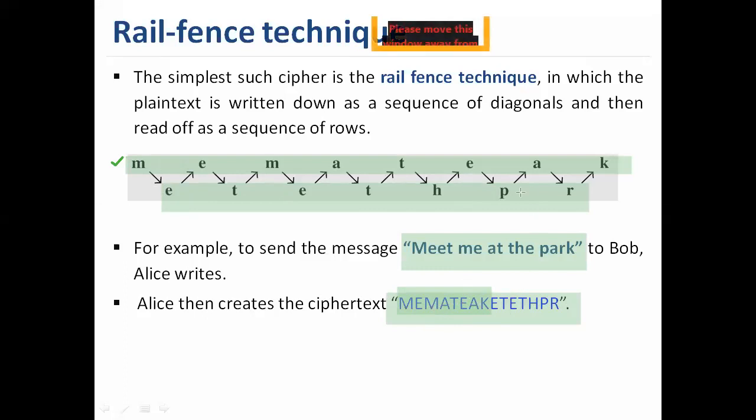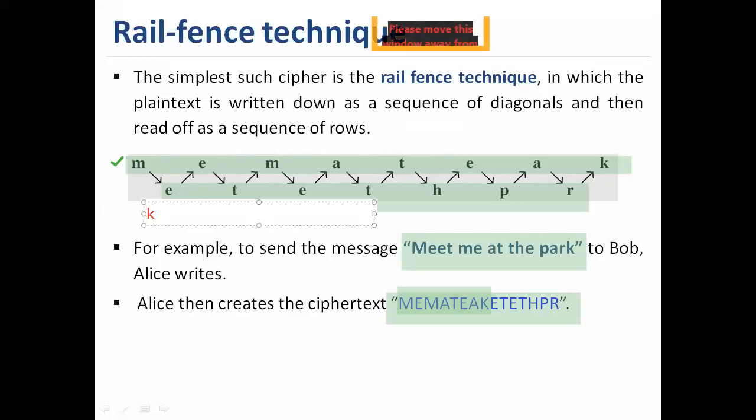Here we have taken the rail fence sequence equal to 2. This one is first, this one is first, and this one is second. So first and second will be the two keys.